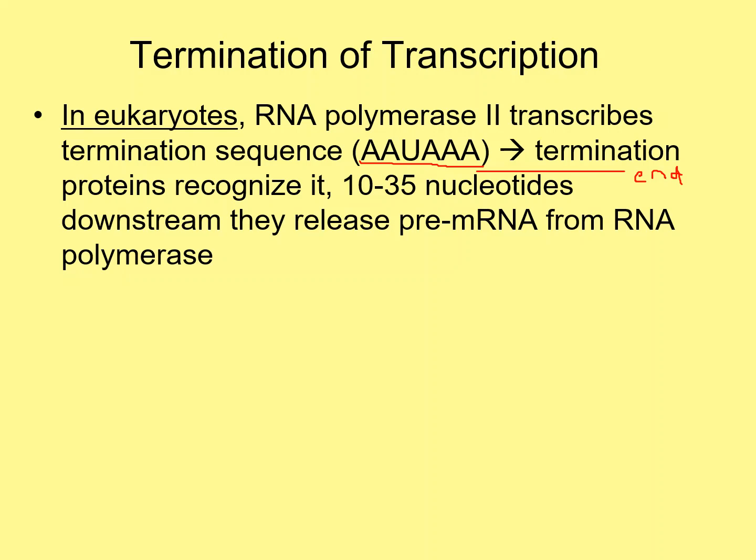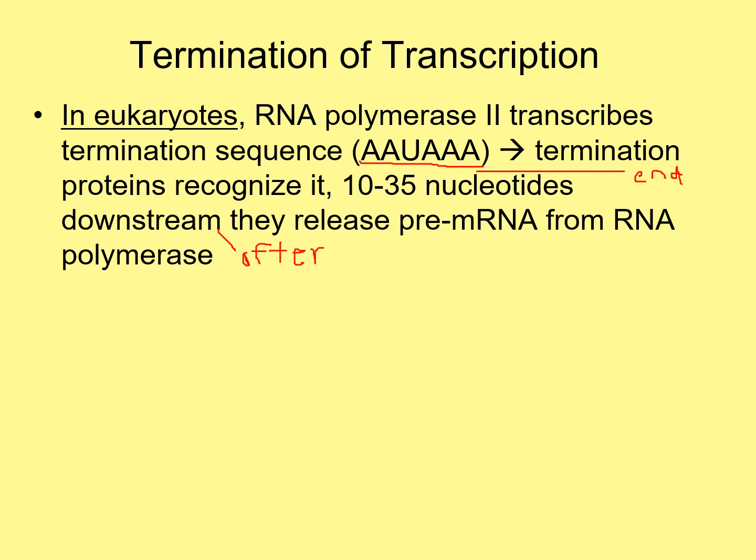It actually takes some proteins called termination proteins, which recognize this particular RNA sequence in the primary transcript, our pre-mRNA, and they're on the lookout for that, and they see that and go, oh, okay, we've reached the end. So about 10 to 35 nucleotides downstream or after, try to write after with this, it's not going to go well.